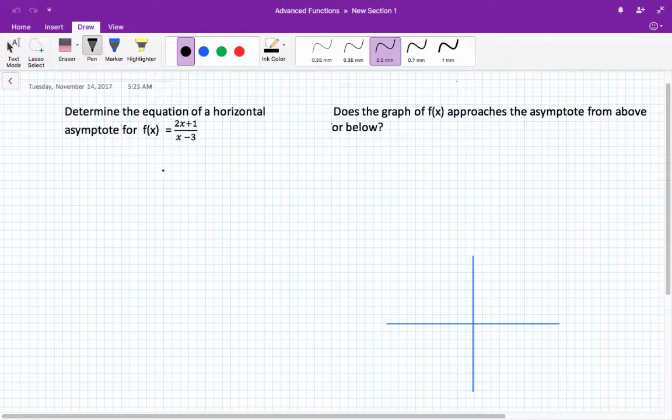There is a formal method for doing this, and it's simply to divide top and bottom, each term, by the highest power of x. Because you're doing the same thing to the top and the bottom, it's fine algebraically.